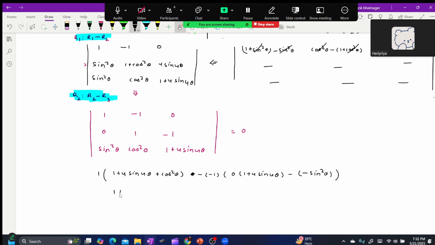Now it will become 1 plus 4 sine 4 theta plus cos square theta plus 0 sine square theta equal to 0. Now see, this is 4 sine 4 theta plus cos square theta plus sine square theta, which is 1, plus 2, equal to 0. So sine 4 theta will be equal to minus half. Now you will be able to get the answer.